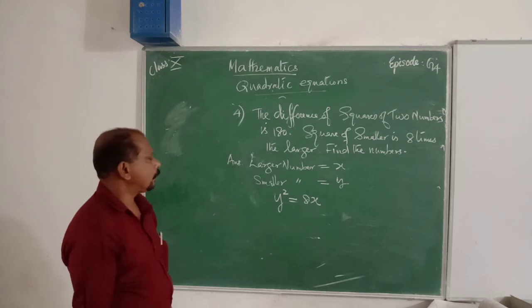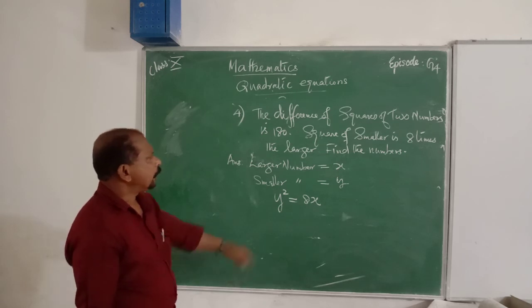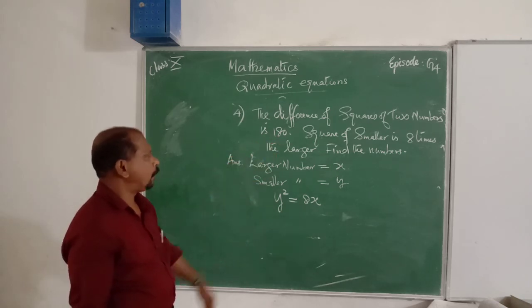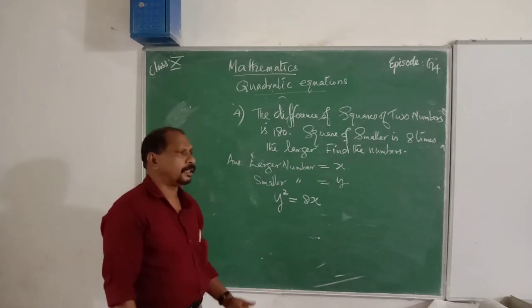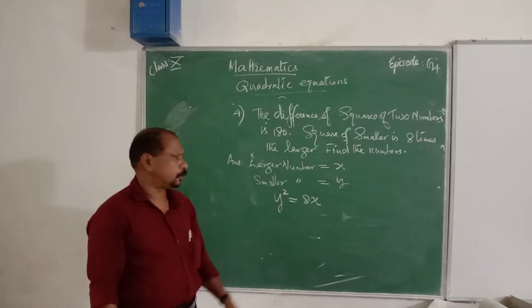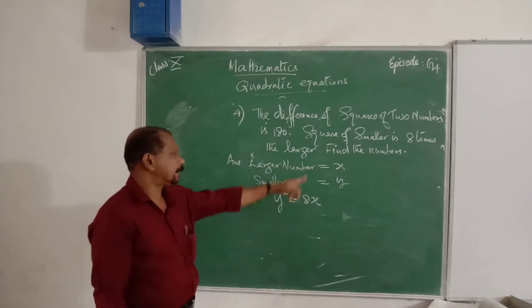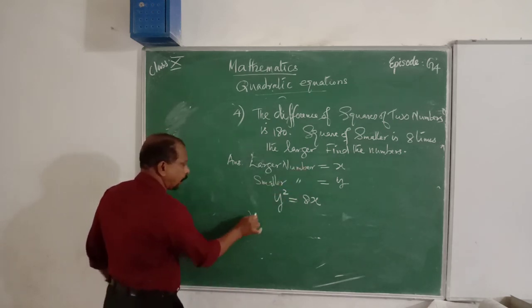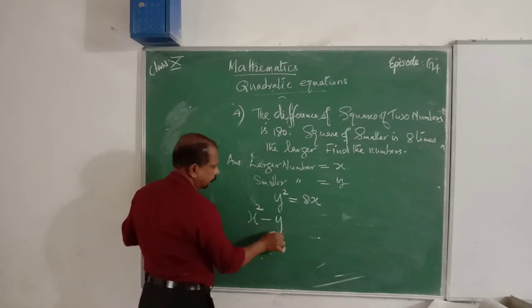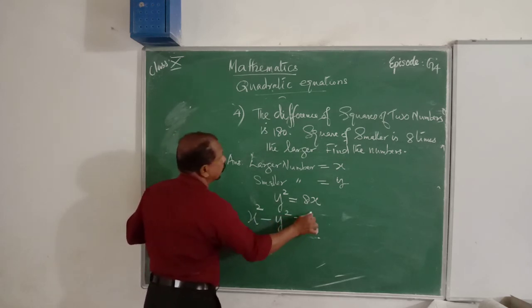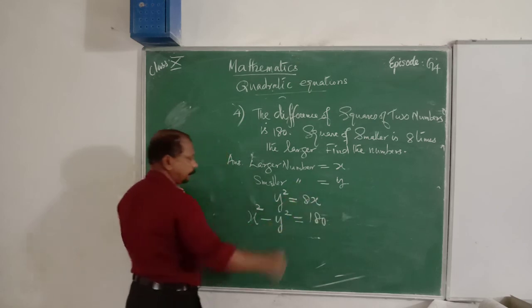Then the difference of the squares of two numbers is 180. The difference of the squares means larger number minus smaller number is positive. But the larger number is x. That is x square minus y square is equal to 180.